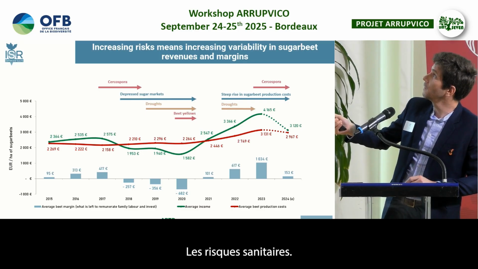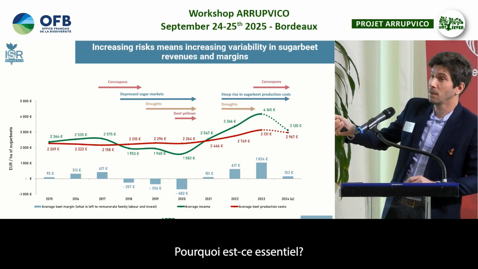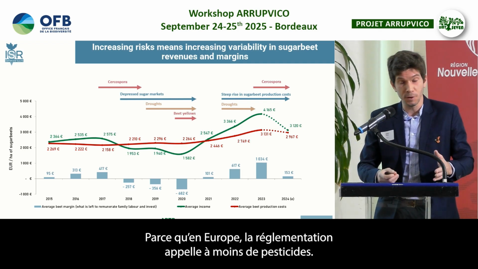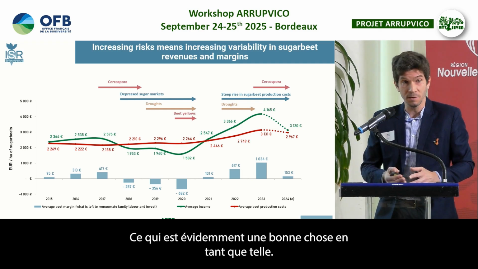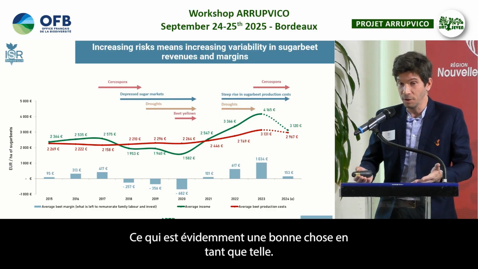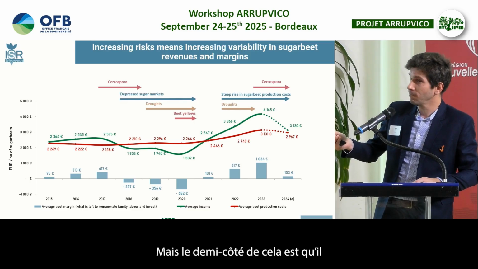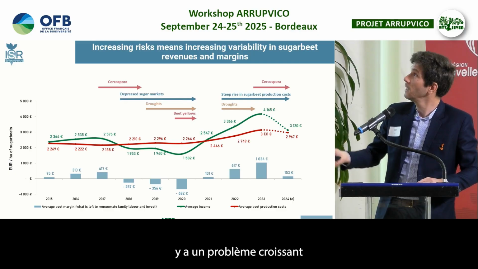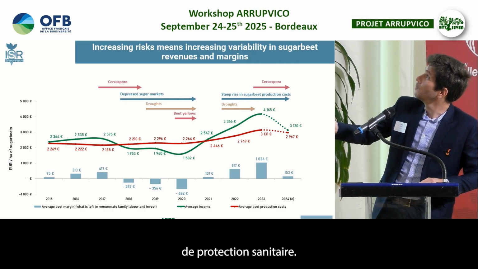So this is the second type, and the third one, probably the most important right now, the sanitary risks. Why is it critical? Because in Europe, the regulation is calling for fewer pesticides, which obviously is a good thing as such, but the seamy side of that is that there is a rising problem with sanitary protection.